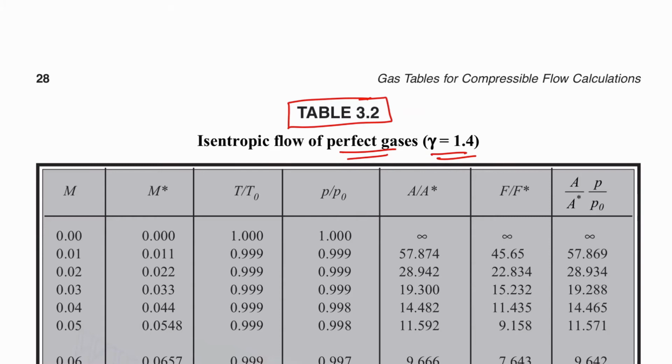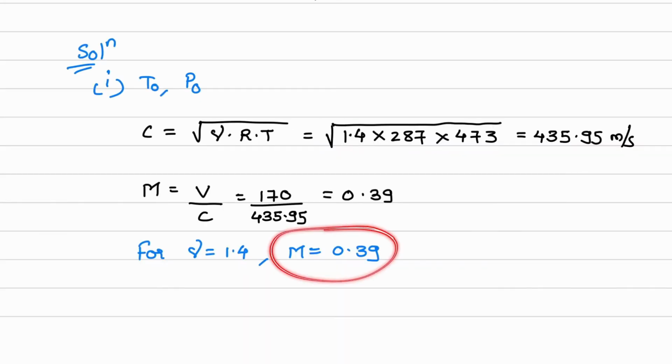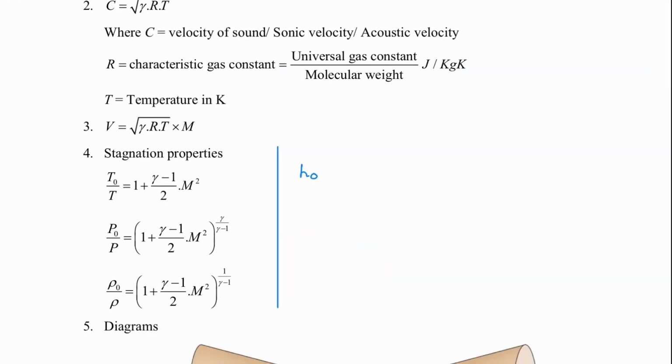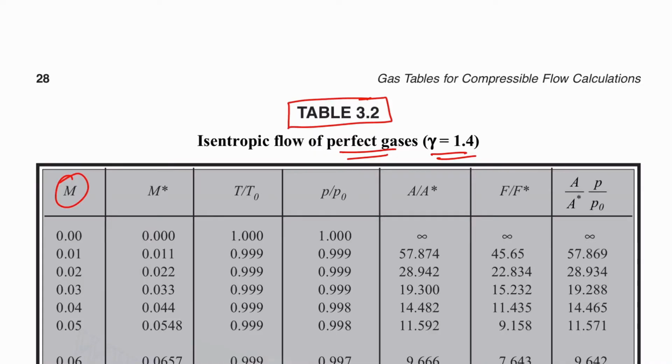Now what is the Mach number available with us? Mach number is 0.39. So if I go back to the gas table, I have the value of Mach number. I'll write it down over here: it should be 0.39. For Mach number 0.39, I require the T by T0 ratio and the P by P0 ratio, where stagnation temperature and stagnation pressure are in the denominator, and the temperature and pressure for that section have been given in the question, so I can find the answer easily.